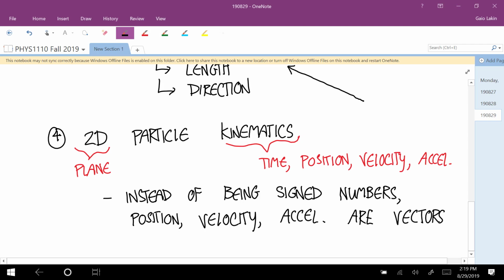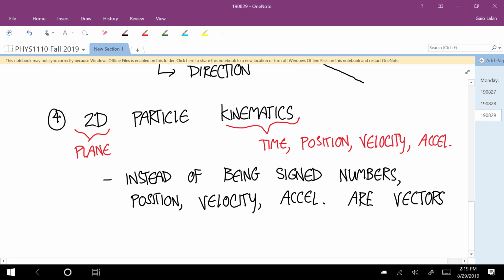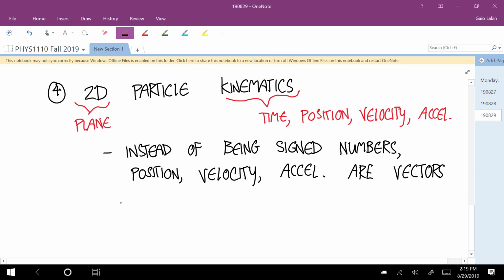Time hasn't changed. When you go to motion in a two-dimensional space, time is just telling you how long it's been since you turned the stopwatch on, that kind of thing. So time is still just a number, and it'll always be a positive number, but these other things are all going to be vectors now. And again, we'll do constant acceleration equations, but now it's going to be vector forms of these.